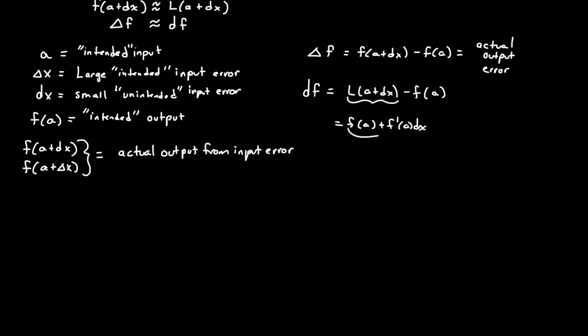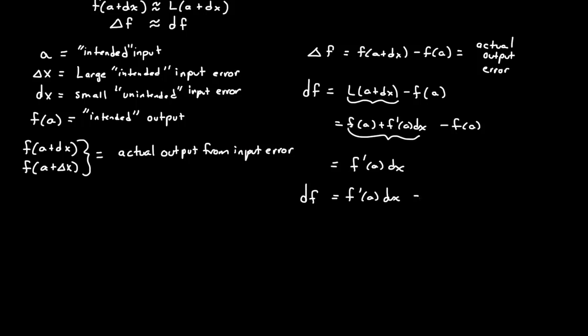That's this portion minus the f of a. And do you see the f of a's cancel out, giving us f prime of a dx. Let me summarize that here. So df is f prime of a times dx.